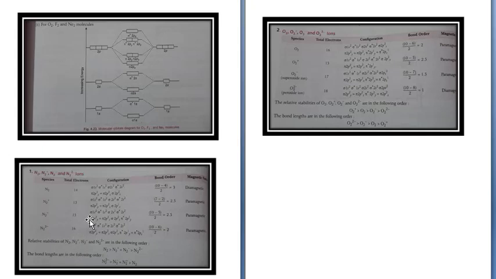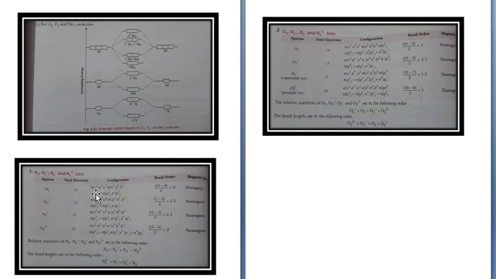Configuration of N2 is sigma 1s2, sigma asterisk 1s2, sigma 2s2, sigma asterisk 2s2, and so on. For the bond order of N2, see how many electrons are there in the bonding orbitals.